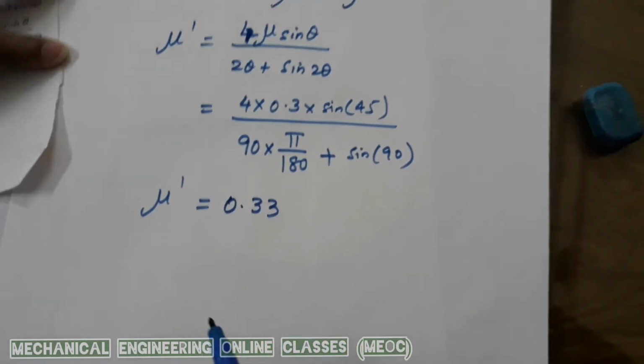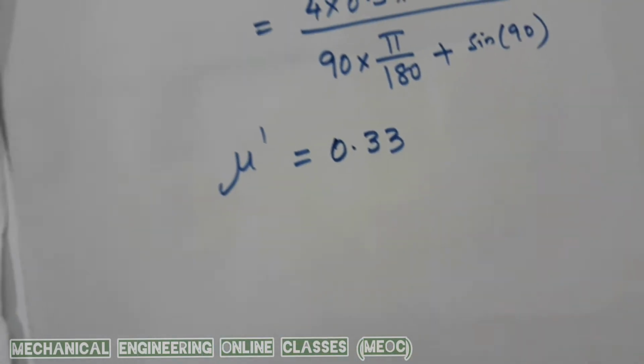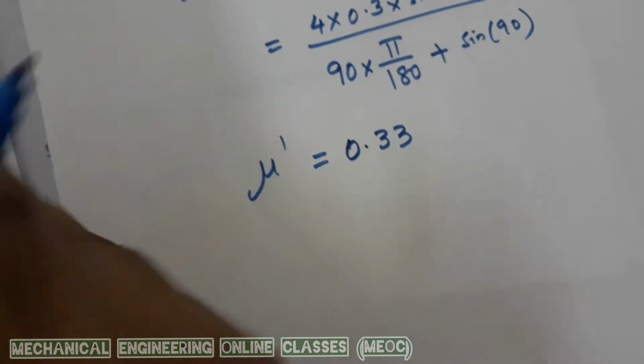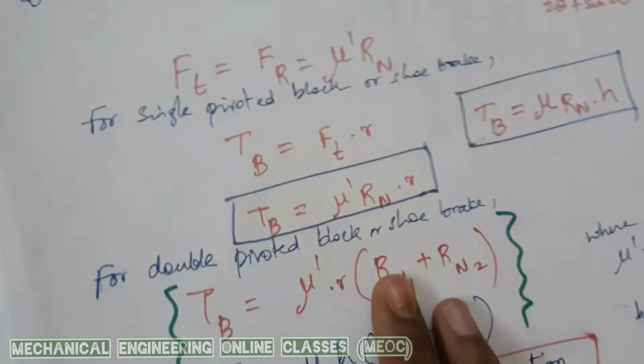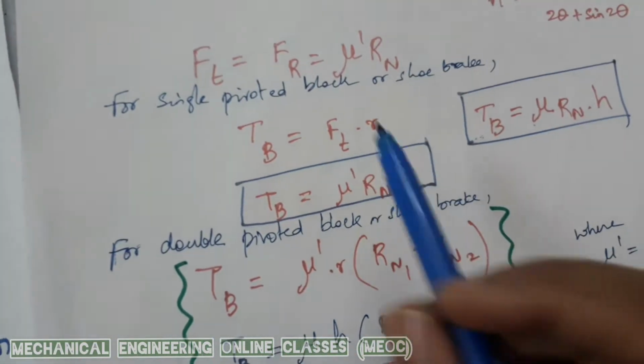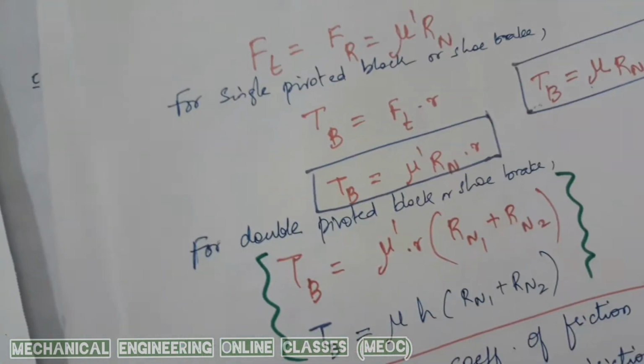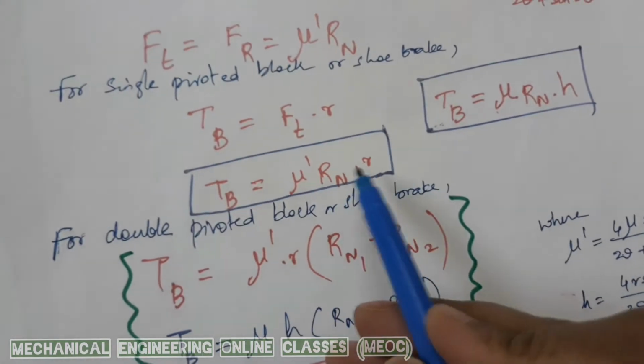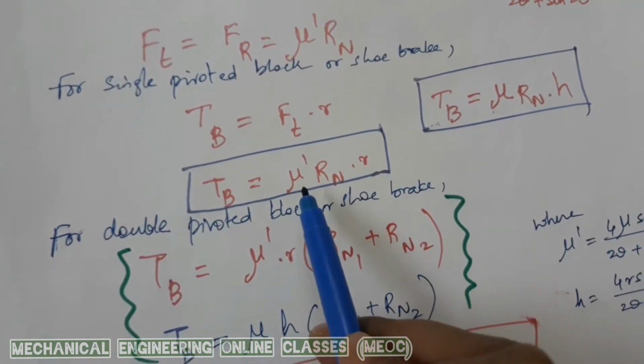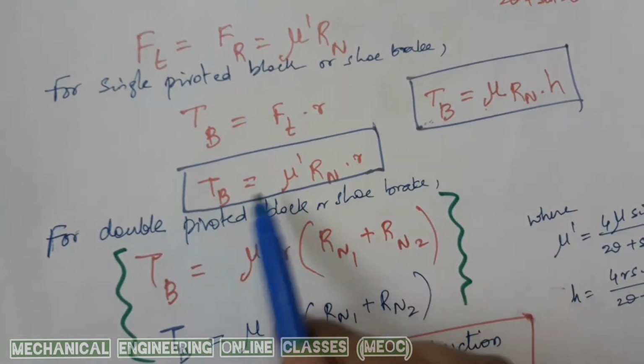0.33, and we know that the braking torque is nothing but, for the pivoted shoe brake, it is mu dash Rn into R. So because R is already known and mu dash is just calculated, we are straight away using this formula.